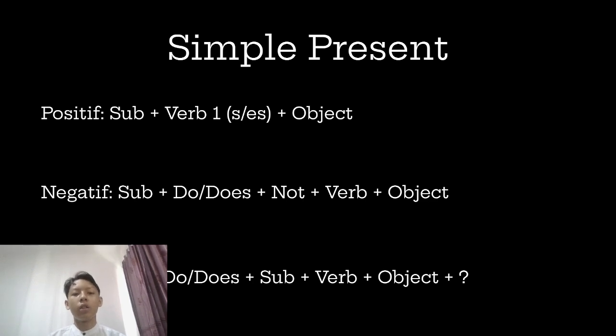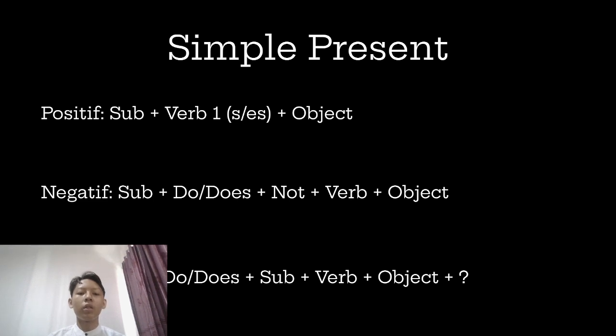For the negative, first of course there is the subject, the second is do or does, the third is not, the fourth is verb one, and the last is object.